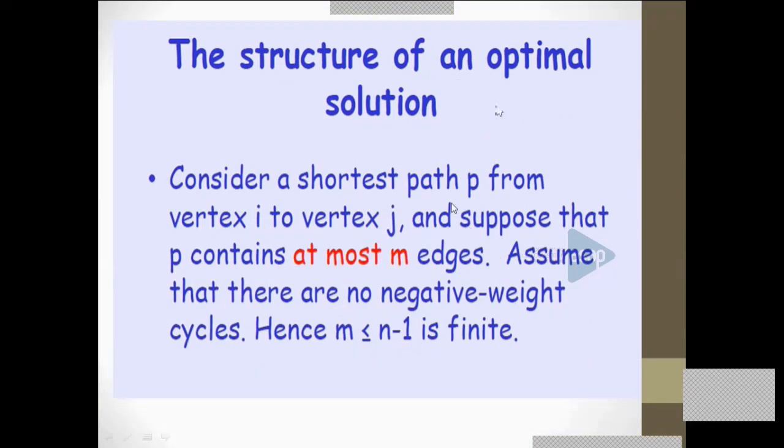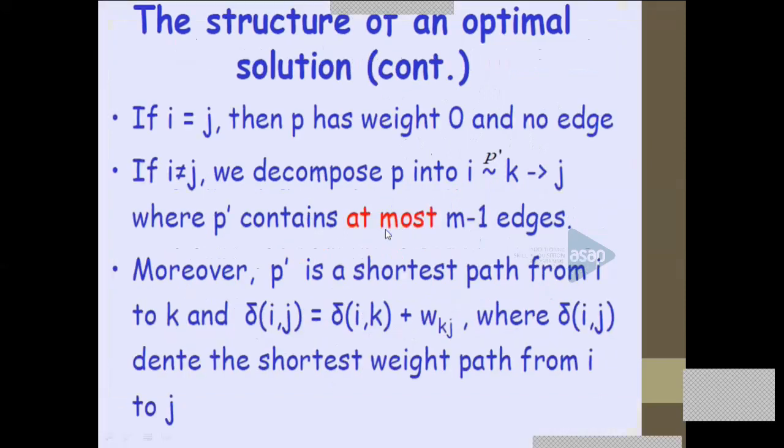If there are 2 vertices, then 1 to 2, at most how many edges will be there? M means N minus 1, the upper bound of M. The number of vertices is 2, 2 minus 1 is 1, only one edge. Like that you have to correlate. And therefore, with the last edge counted, at most M edges, and one edge is already here, P dash will have how many edges?